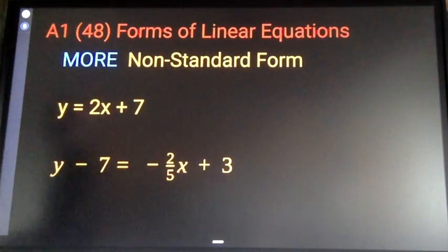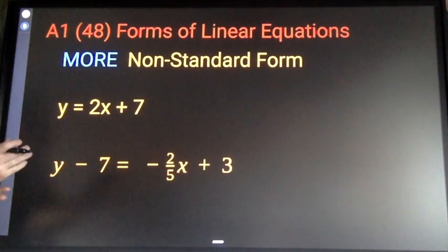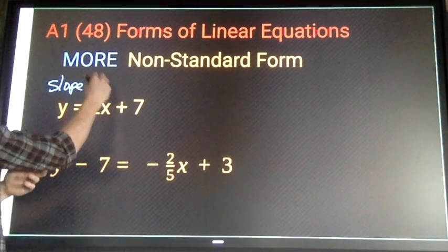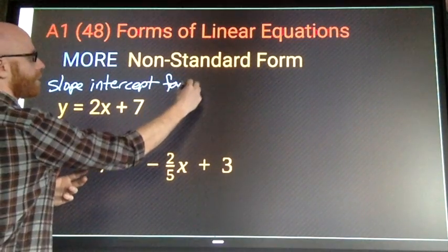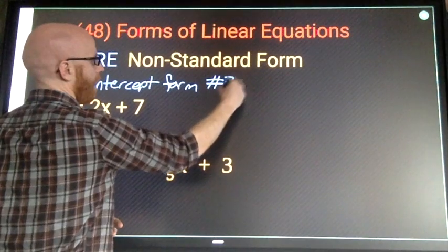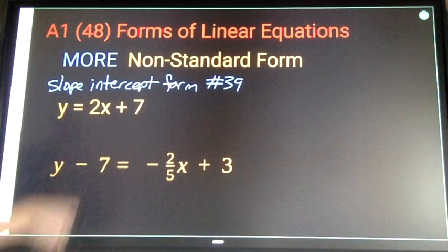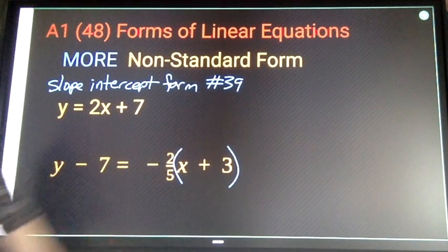All right, 2 more non-standard forms that we're going to look at. You should recognize them. This is slope-intercept form, skill number 39. All right, big deal. This guy here, y minus y1 equals slope times, should be parentheses here, x minus x1.